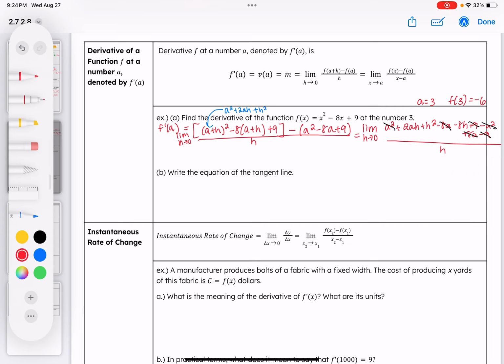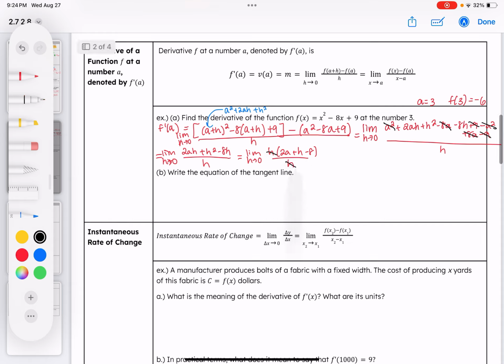Now once I see everything that eliminates, the limit as h approaches 0, I have 2ah plus h squared minus 8h all over h. Factor out your h. You have 2a plus h minus 8 all over h.